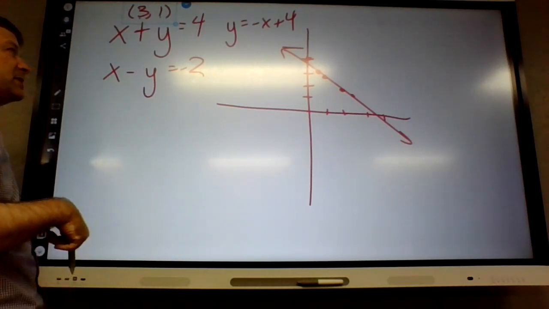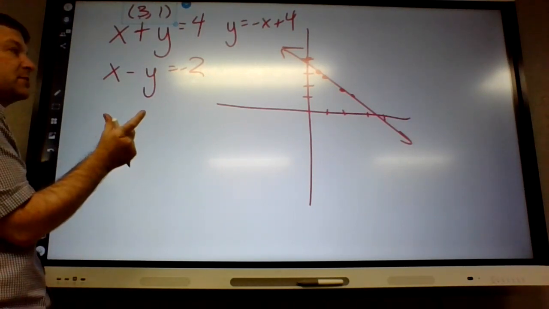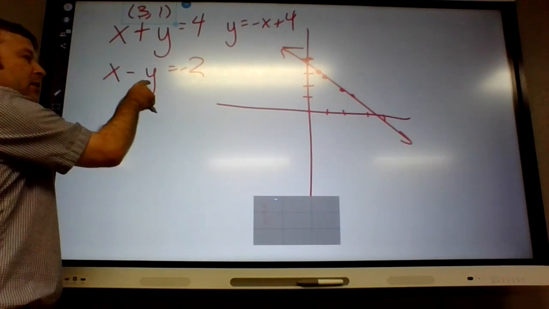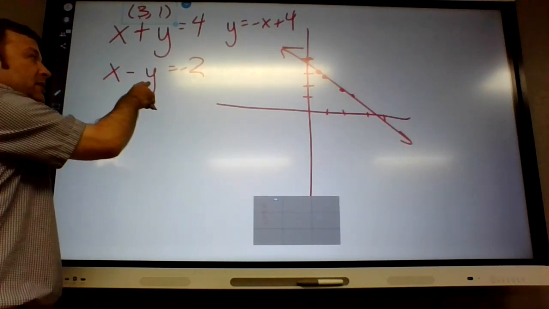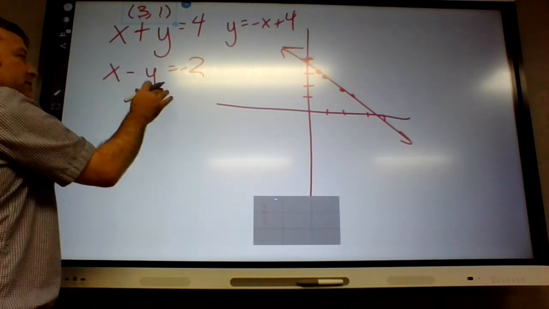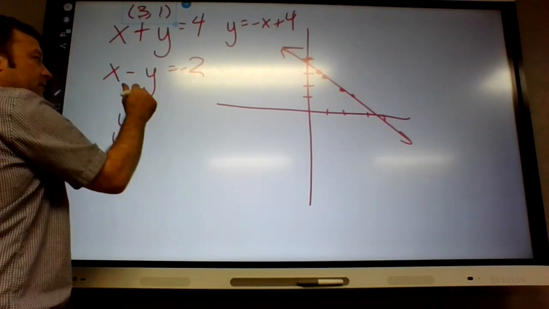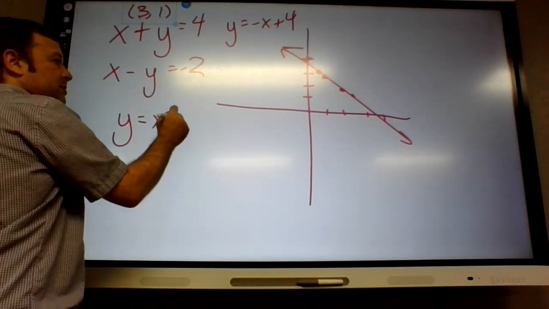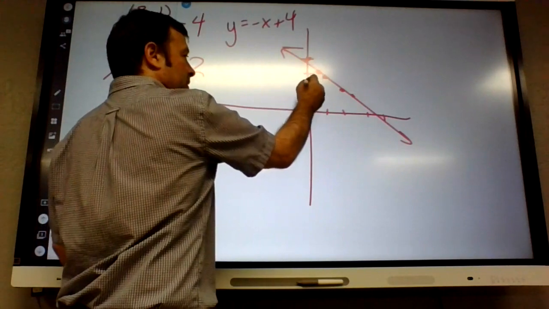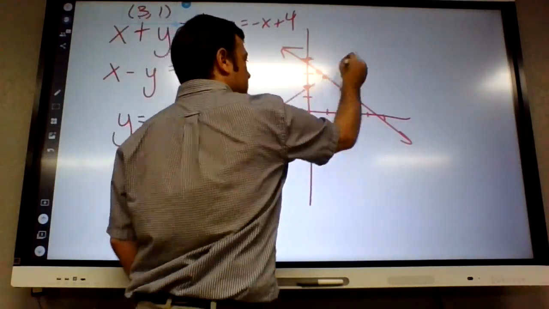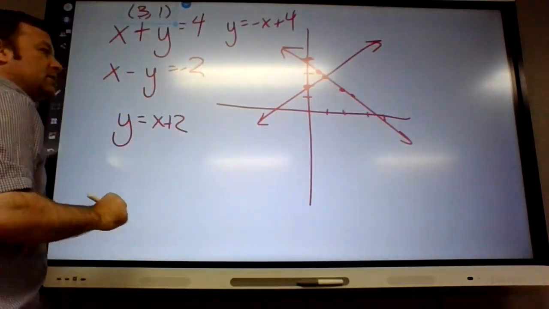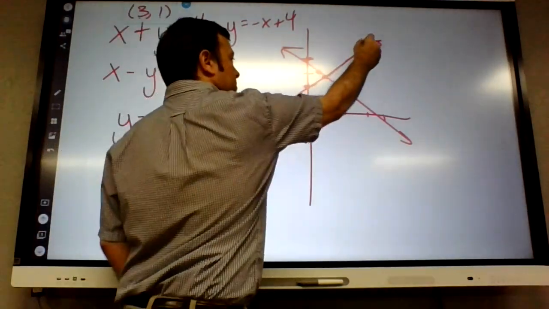So all real numbers doesn't make sense when you have two parts to your solution. But there are infinite solutions for this one as well, right? If I solve for y, I get y equals x plus 2. So it'd be like here and going up like this. Okay, so every point on this line is a solution.